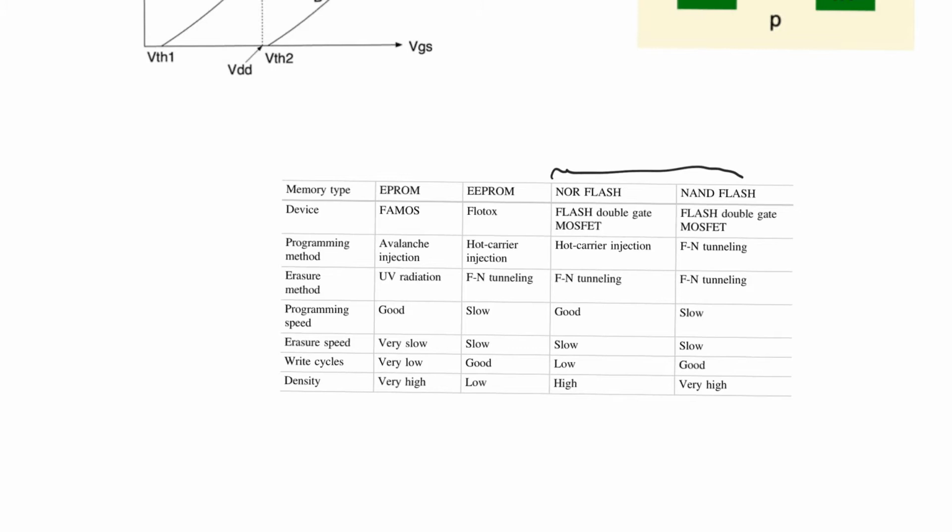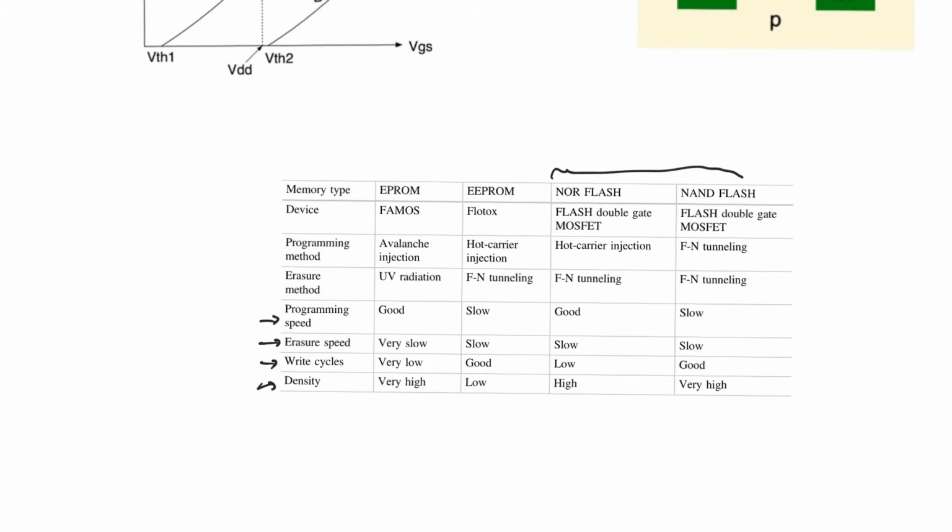So I'm comparing them here in terms of the device used for storage, and I'll discuss these devices in detail, in terms of the programming method and the erasure method, which is how do we bring the electrons into the floating gate, and how do we push the electrons out of the floating gate. And I compare them also in terms of programming speed, erasure speed, write cycles, and density.